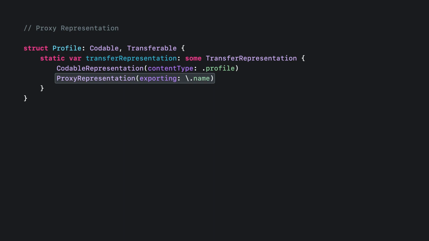Notice that I added the proxy representation after Codable. The order is important. The receiver will use the first representation with the content type they support. If the receiver is aware of our custom content type profile, they should use it. If not, but they support text, let them use the proxy representation instead.